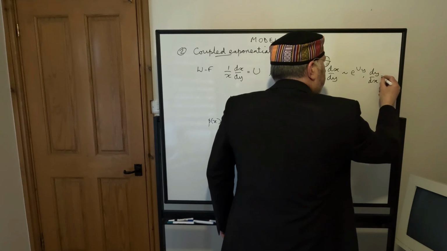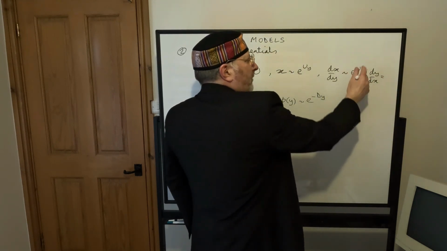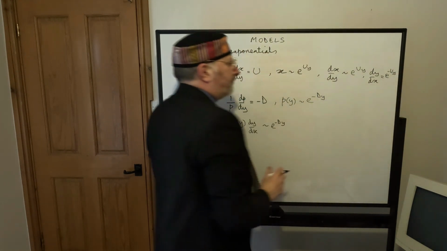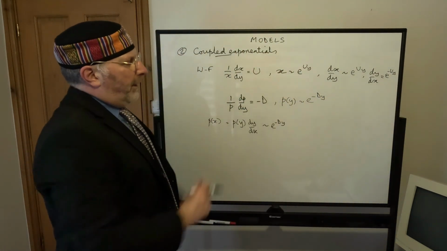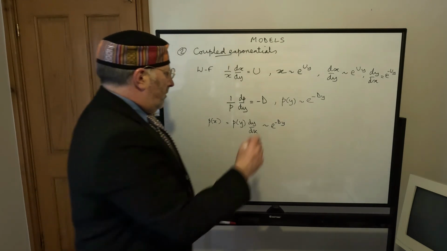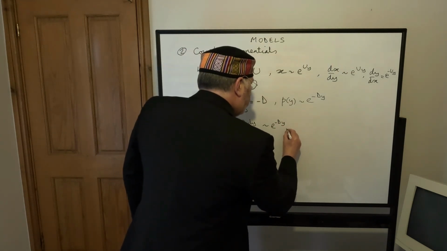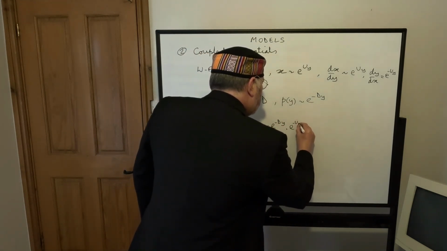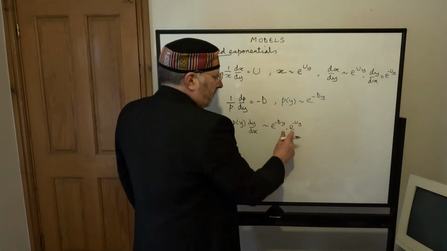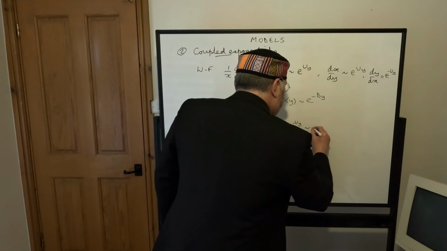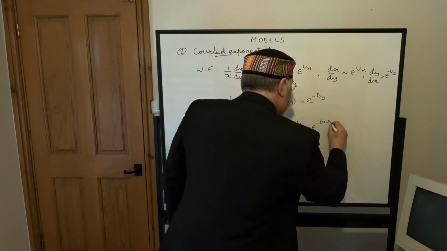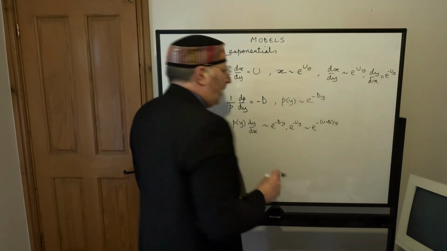So dy by dx equals, well, when we take the reciprocal of that, it will become e to the minus uy. 1 over e to the uy is e to the minus uy. So dy by dx here is just e to the minus uy. So we can combine those exponents, so that means it's proportional to e to the minus u plus d times y.